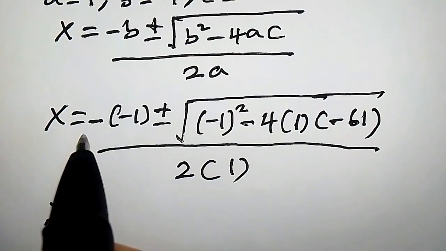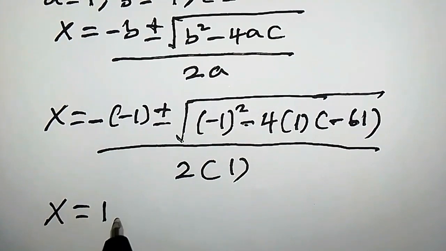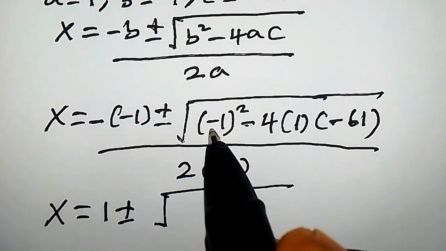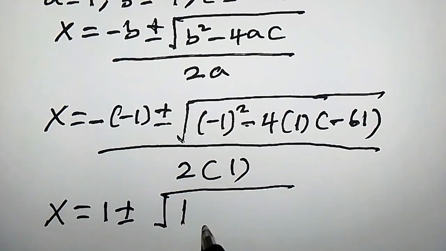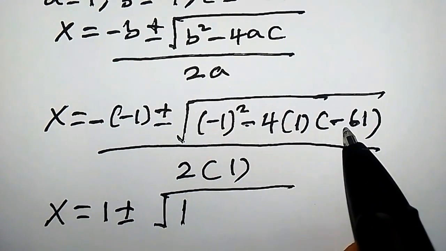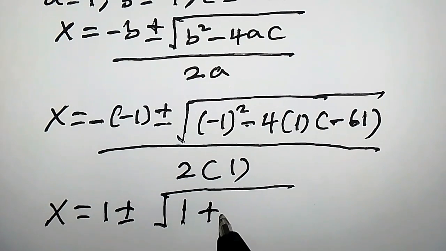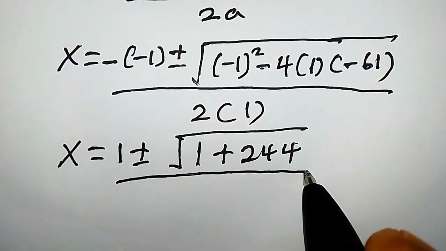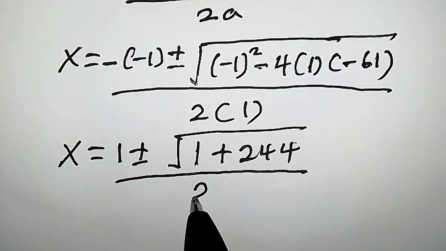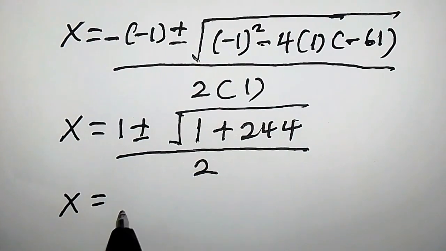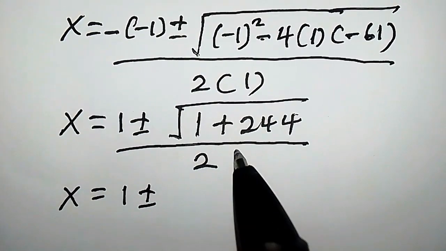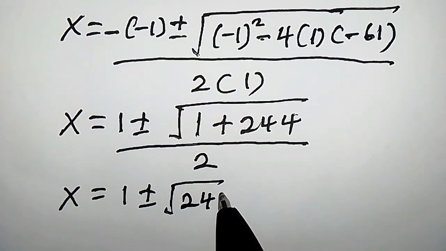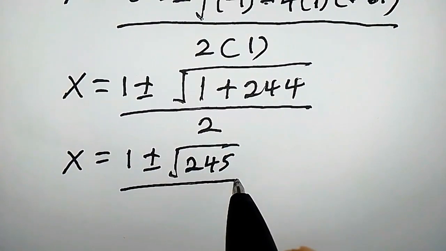x is equal to minus times minus 1, that is 1, plus or minus square root of minus 1 all squared, that is simply 1. Minus 4 times 1 times minus 61 is plus 244, divided by 2 times 1, that is 2. x is equal to 1 plus or minus square root of 1 plus 244, that is 245, divided by 2.